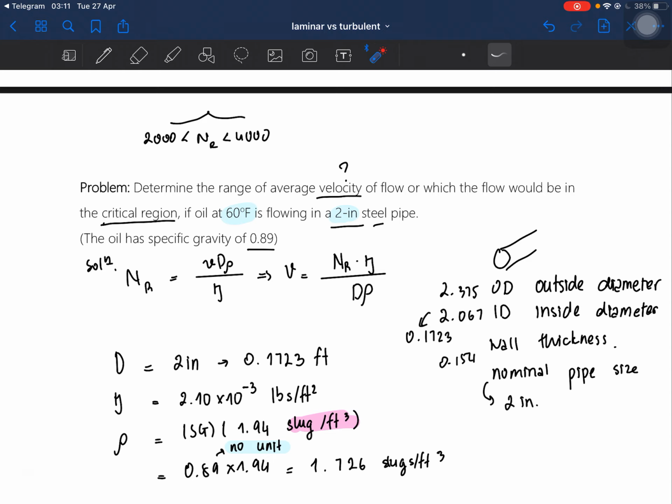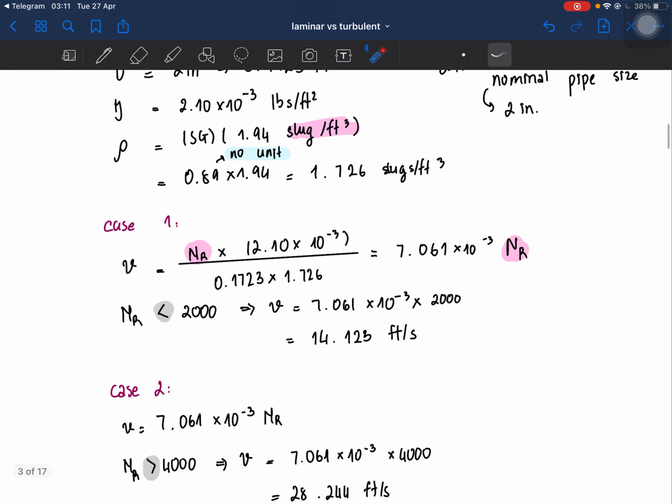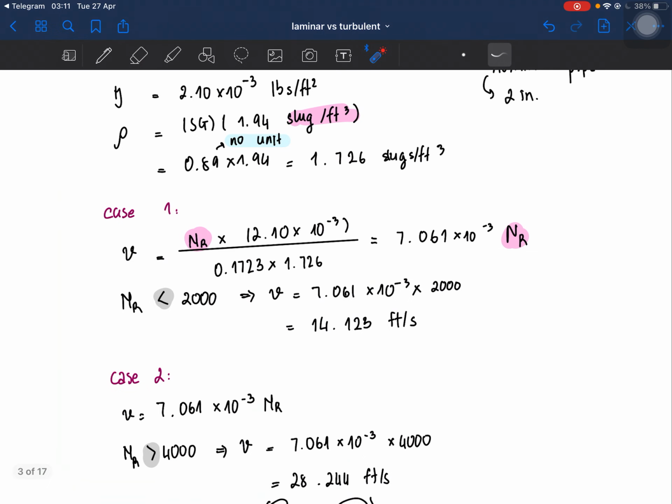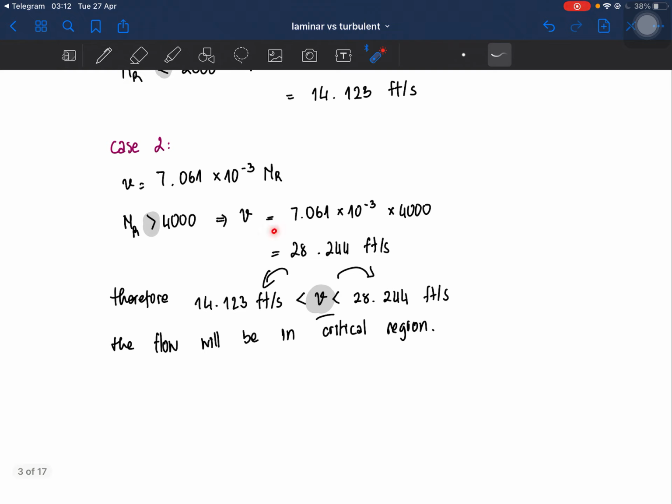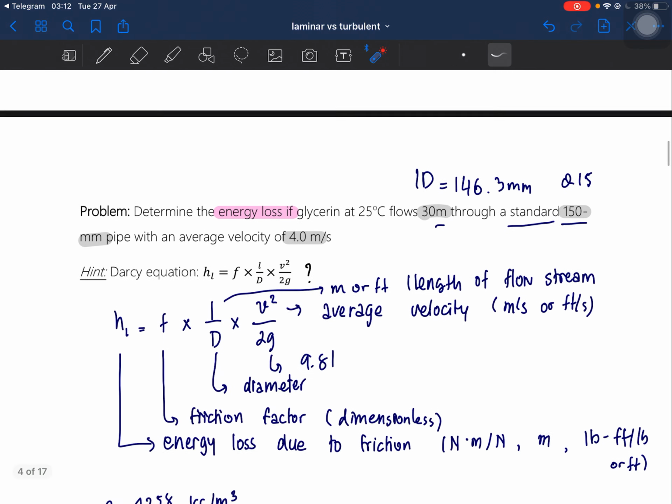But in this case we have to determine the range of velocity, the range that makes the flow in the critical region.